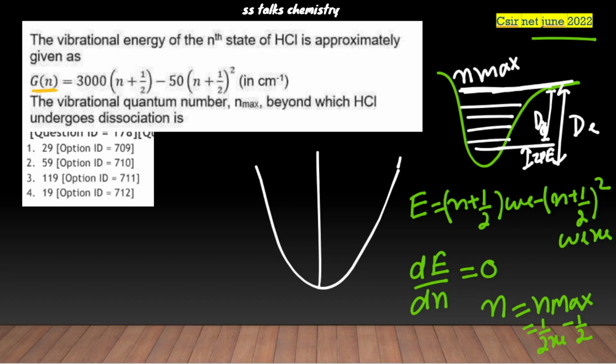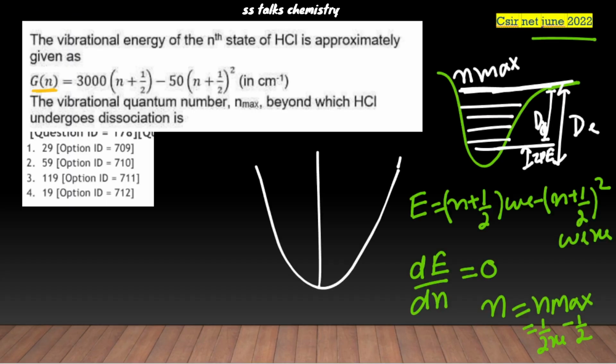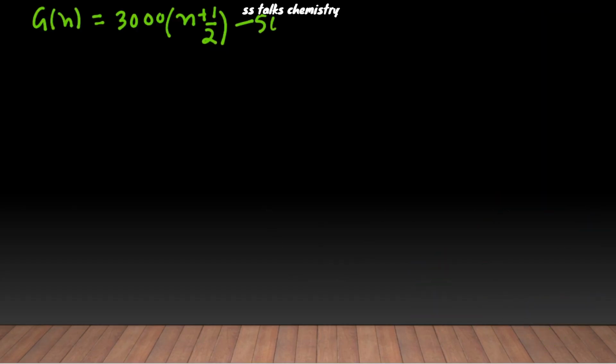So let's do this. G of n is given to us as 3000 into (n plus half) minus 50 into (n plus half) squared. Two methods I'll be telling. The first one is through differentiation.